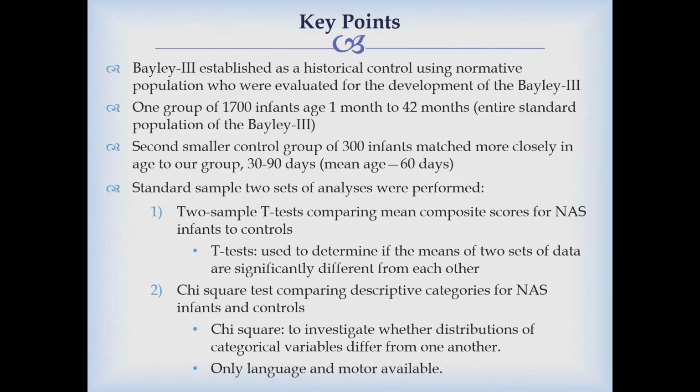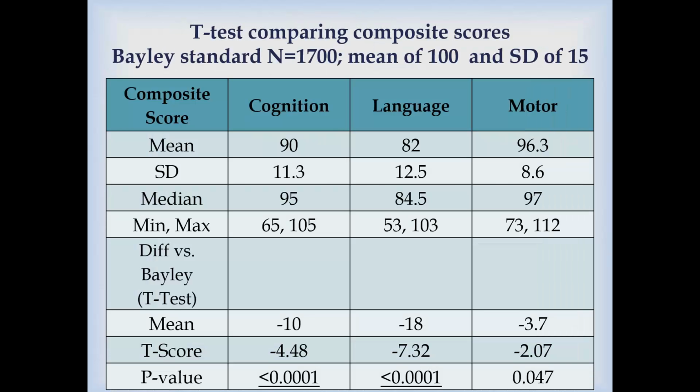Our statistician used a standard sample of 2 sets of analyses. The 2-sample t-test comparing the mean composite scores for infants with NAS versus control, and the chi-square test comparing descriptive categories for NAS infants and controls. This was the t-test comparing the composite scores. The Bailey standard score was a mean of 100, the standard deviation of 15.